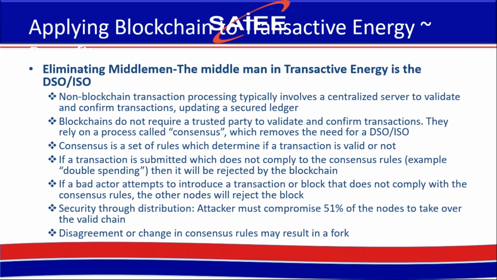If a transaction is submitted which does not comply with the consensus rules, then it will be rejected by the blockchain. So if a bad actor attempts to introduce a transaction or a block that does not comply with the consensus rules, the other nodes will reject the block. If somebody claims that he's got more power than he actually has, the blockchain will reject that, because the blockchain will also be monitoring the smart meter that you have.